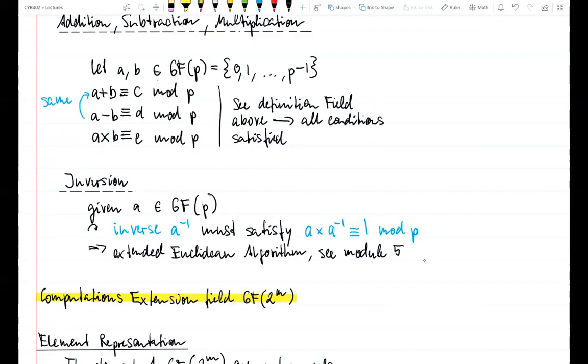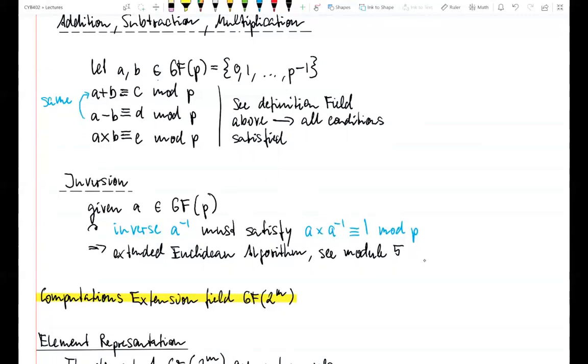So the question is, we can always just try: if we have a certain A, we can multiply it one by one with every other element in the field and see where the result, after modulo reduction, is 1. And that way we would find our inverse.